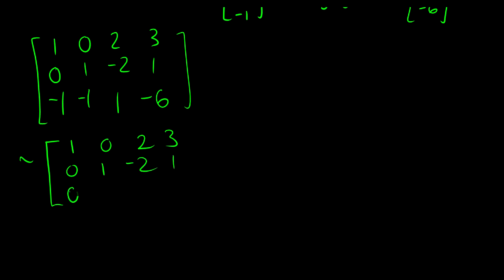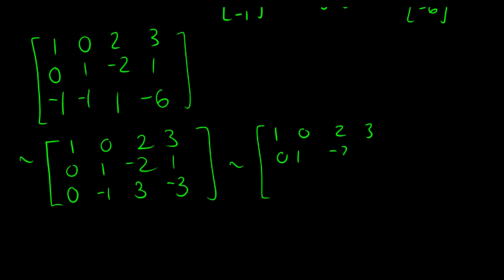So it'll be 0, negative 1, 3, and negative 3. Okay, then what we'll do is we'll take the third row and we'll add the second row. So we'll leave the first one the same. 1, 0, 2, 3, 0, 1, negative 2, 1. And we'll add the second row, so 0, 0, 1, negative 2.